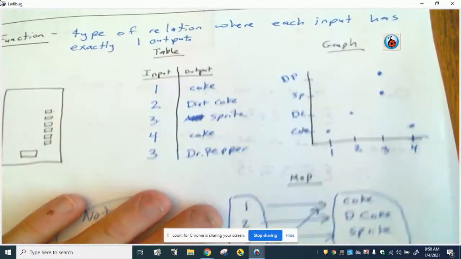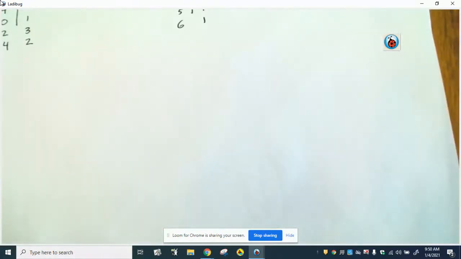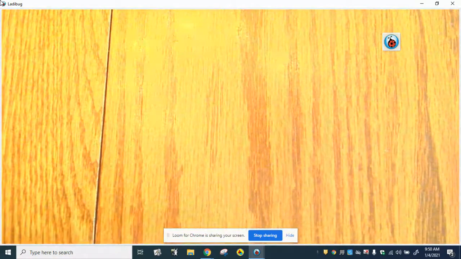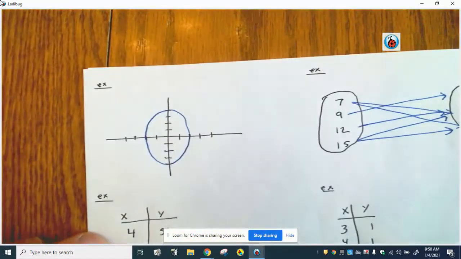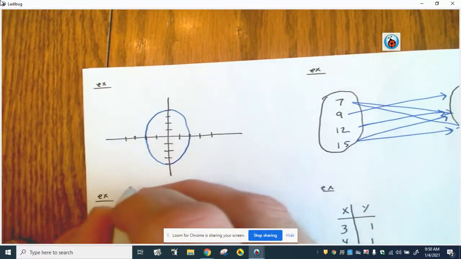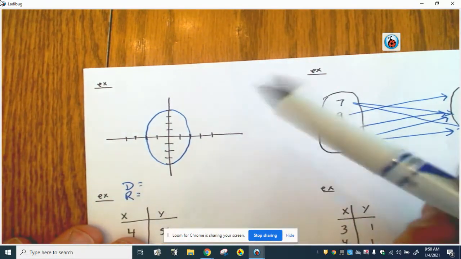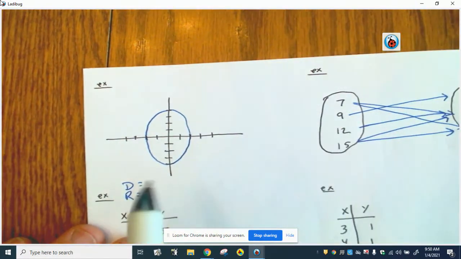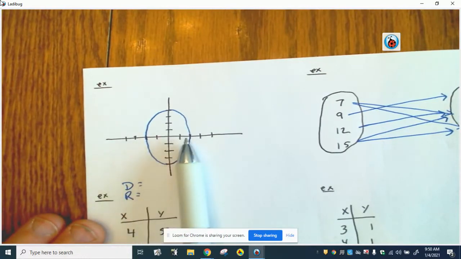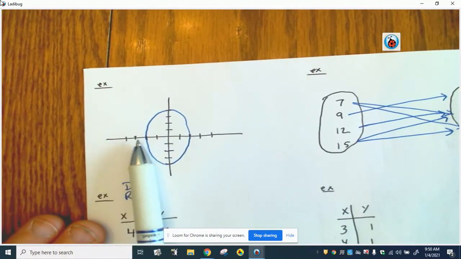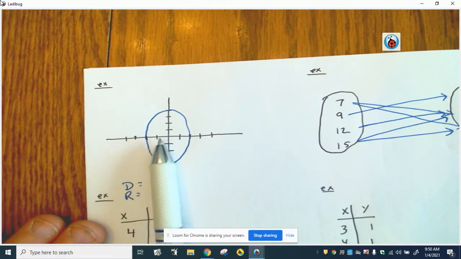Okay? So, a few examples here. Things we have to be able to do. Well, we have to be able to tell the domain, the range, and is it a function or not. Okay? So this one, the domain, well, this graph, where is it located from? Where does it start? It starts at -2 on the x-axis and ends at +2.